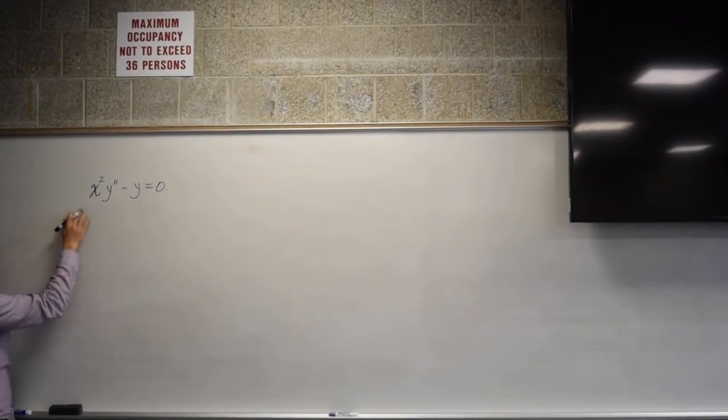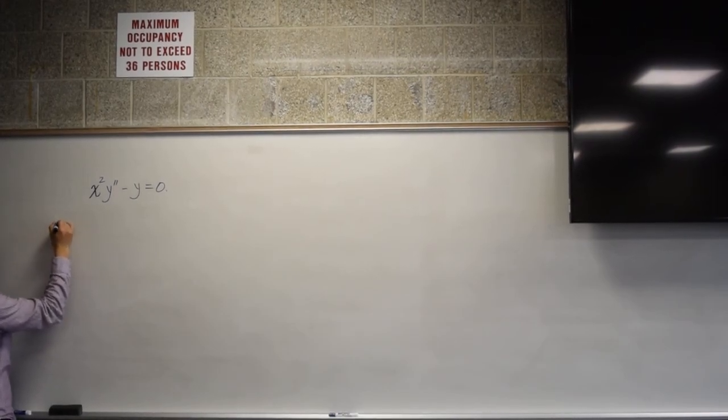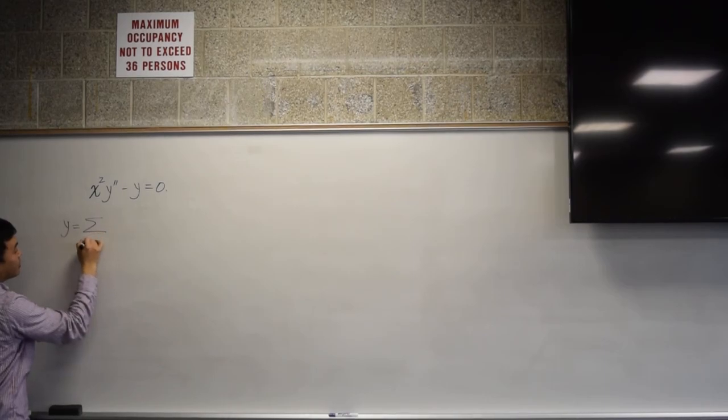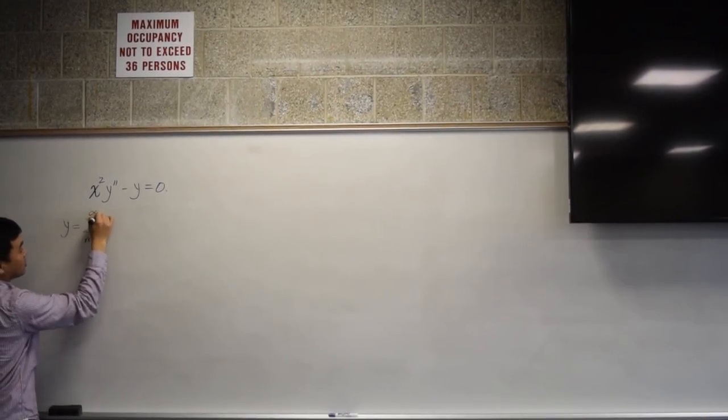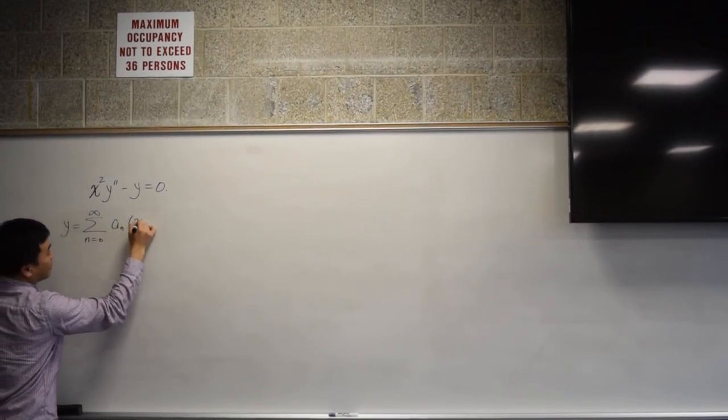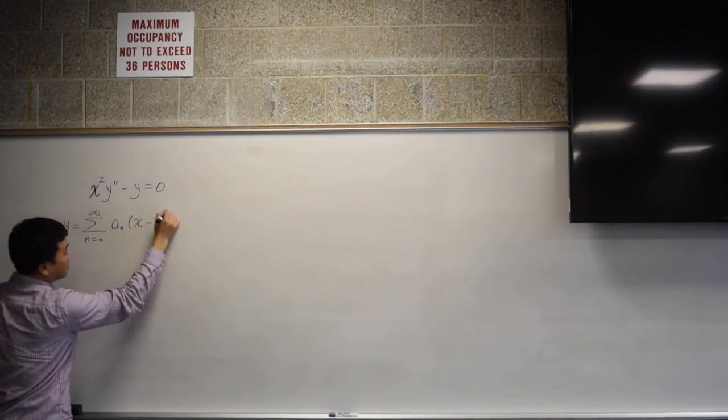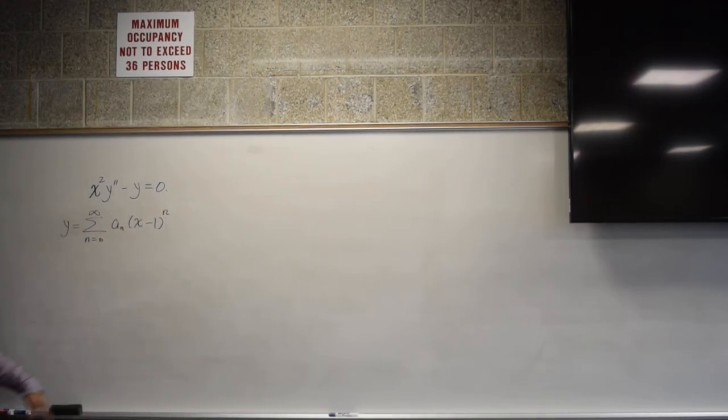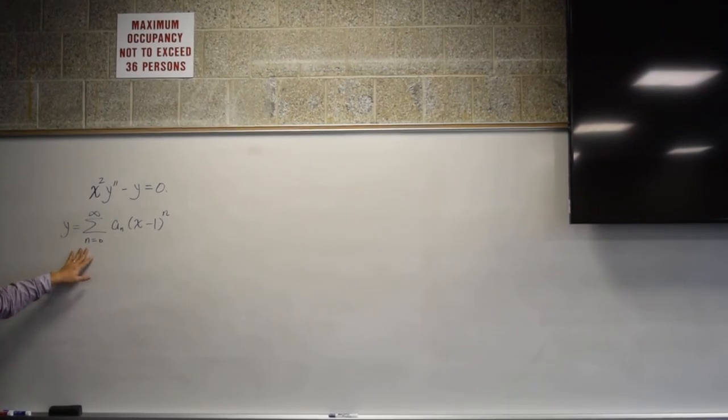Alright, so if we have this, and let's say we want to find a solution that looks like y equals the sum from n equals 0 to infinity of a_n (x minus 1)^n. Because x equals 1 is an ordinary point of this differential equation, not regular, sorry, I keep messing up, there must be a power series solution like this.